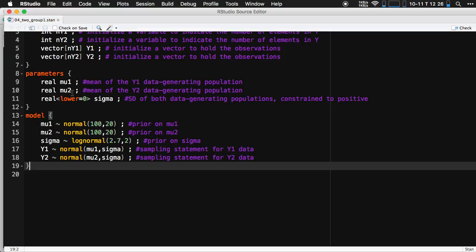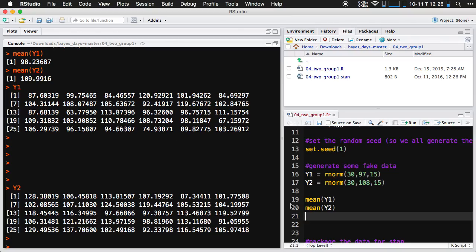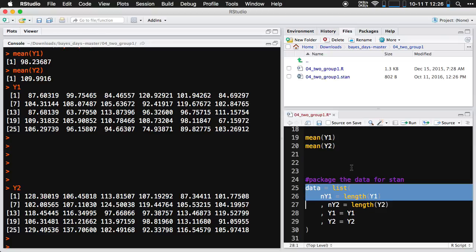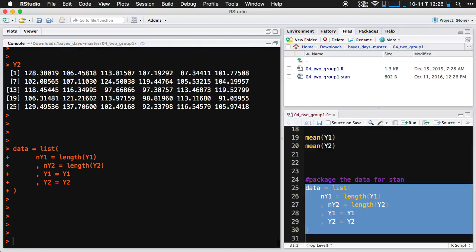All right, so I'm going to save that because I changed what the prior was here. So I can go back. We can package the data for Stan, again passing in y1 and y2, but also creating this intermediary computation: the length of y1 and the length of y2.